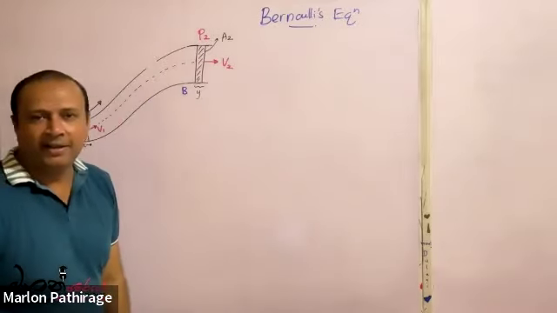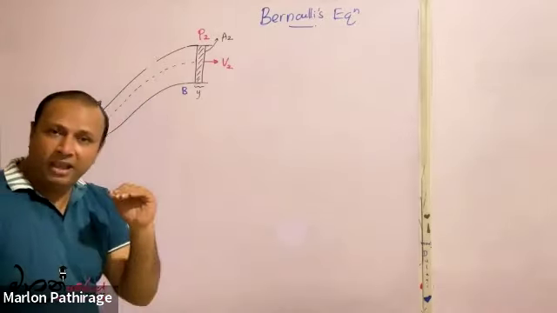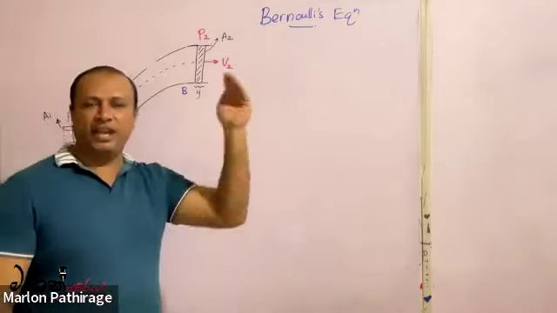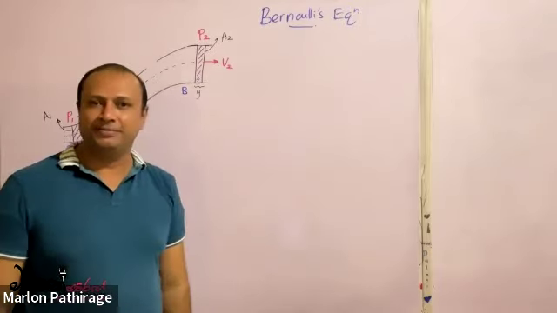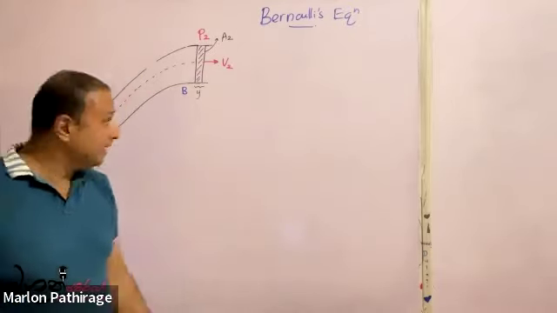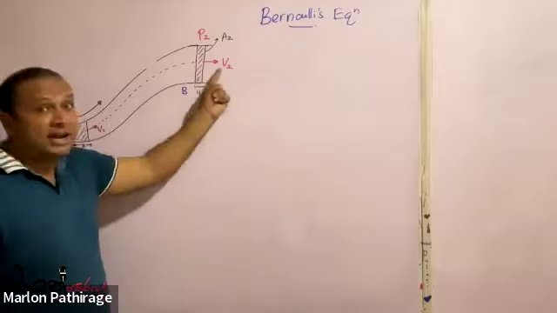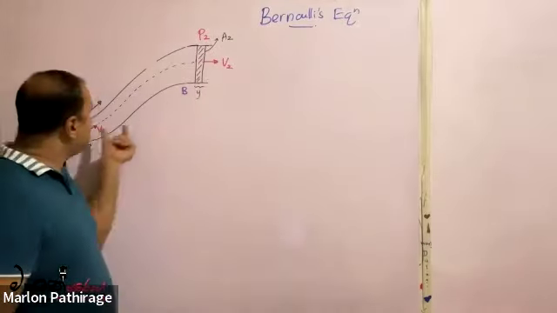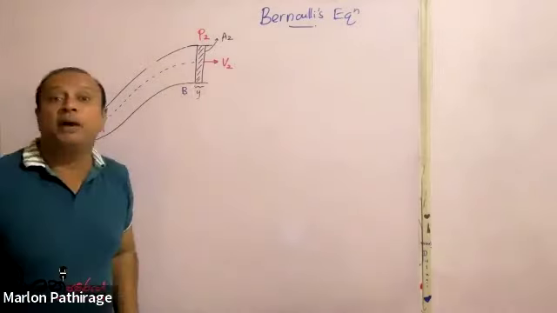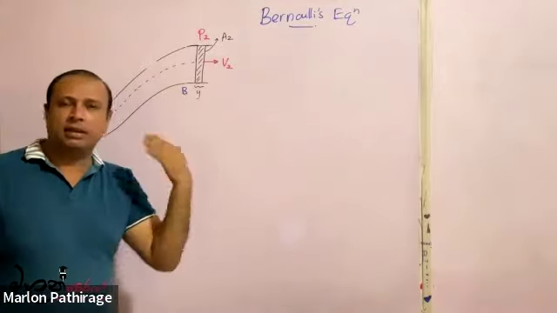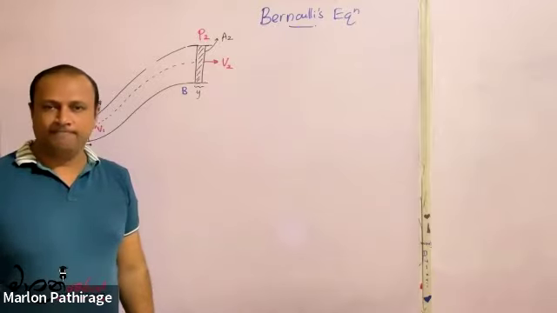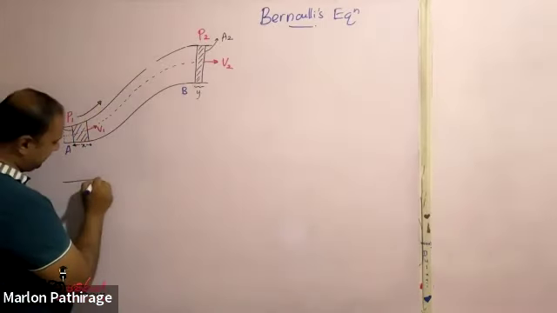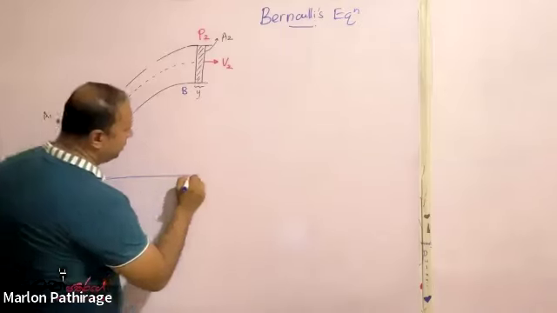If the height from the ground is changed, then not only the kinetic energy, but also the potential energy of this fluid particle can be changed. Suppose this is the ground level, the zero level of potential energy.